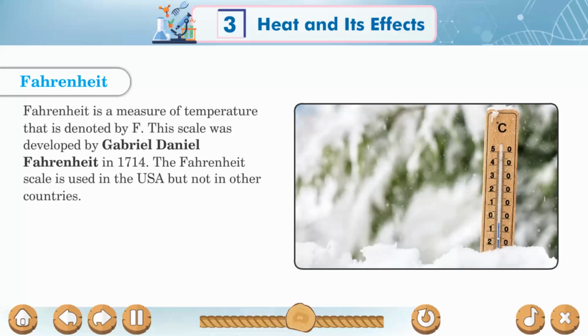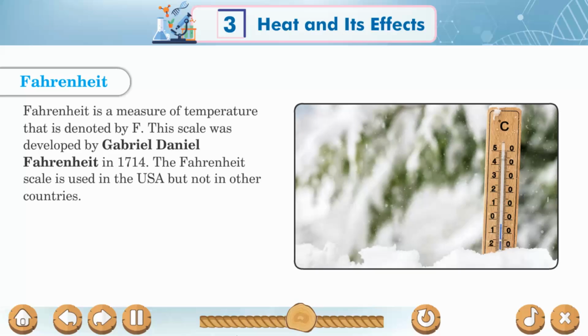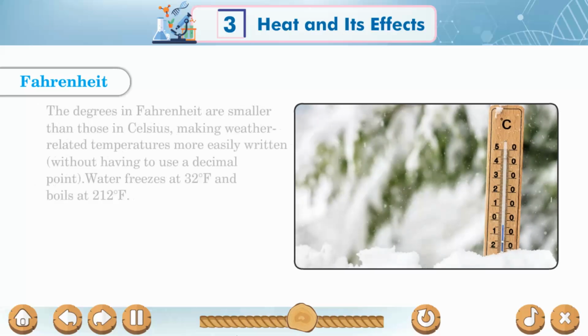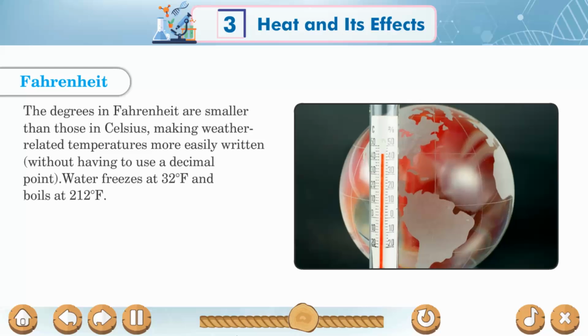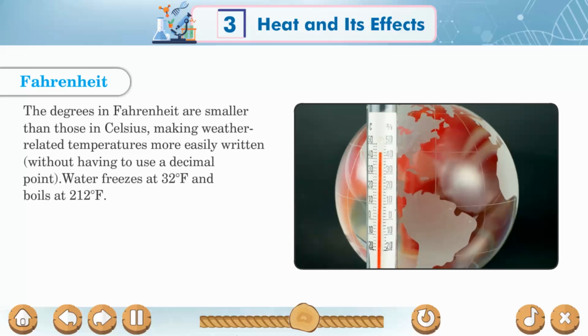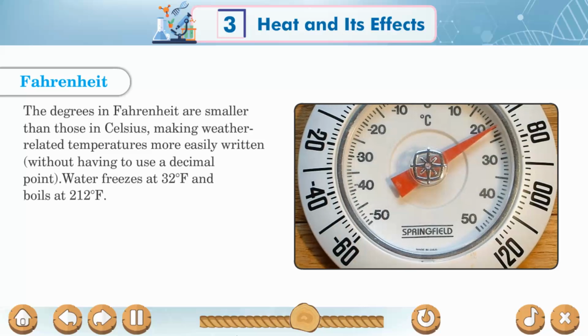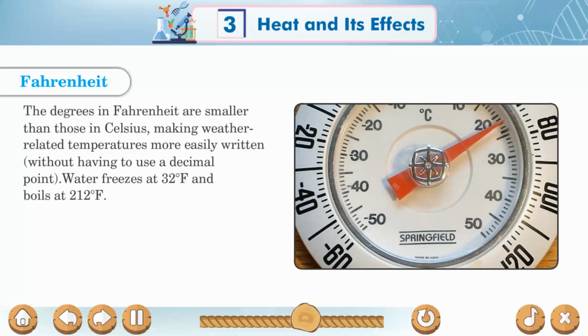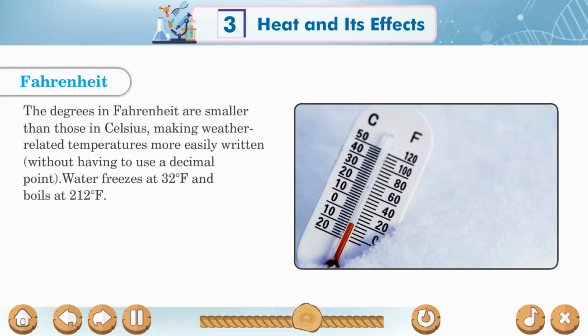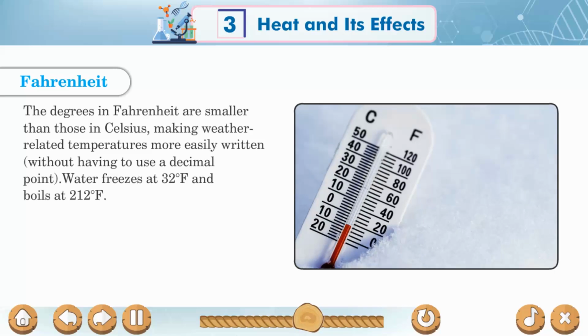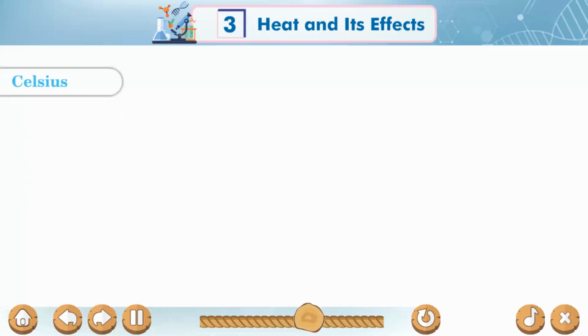The Fahrenheit scale is used in the USA but not in other countries. The degrees in Fahrenheit are smaller than those in Celsius, making weather-related temperatures more easily written without having to use a decimal point. Water freezes at 32 degrees Fahrenheit and boils at 212 degrees Fahrenheit.